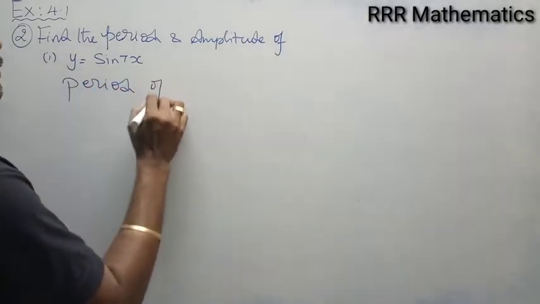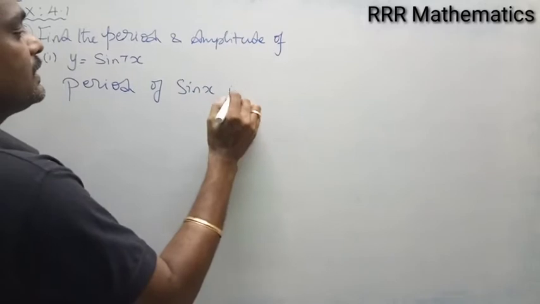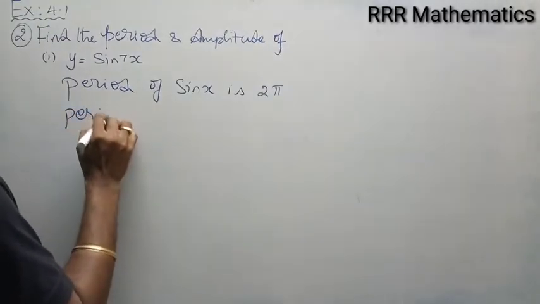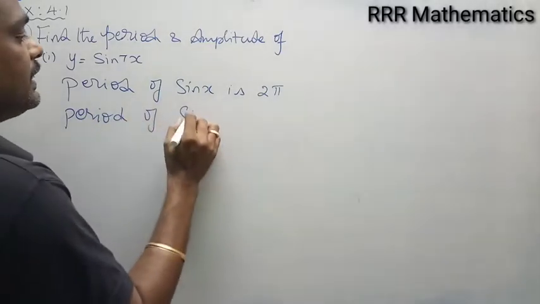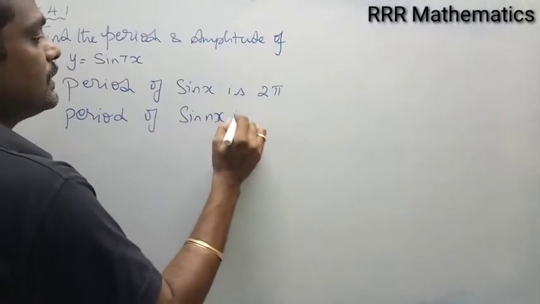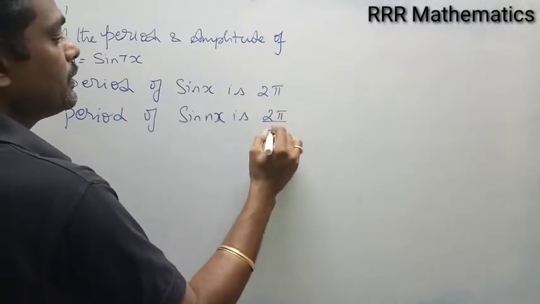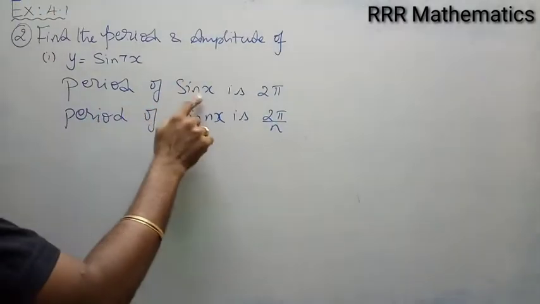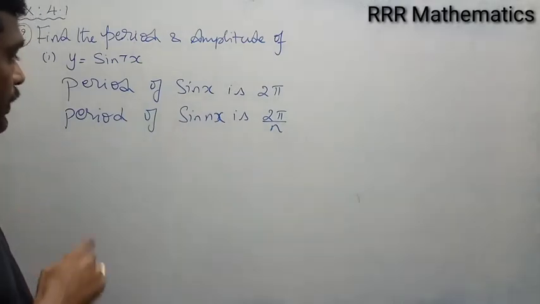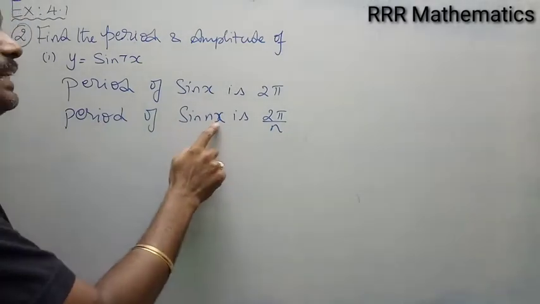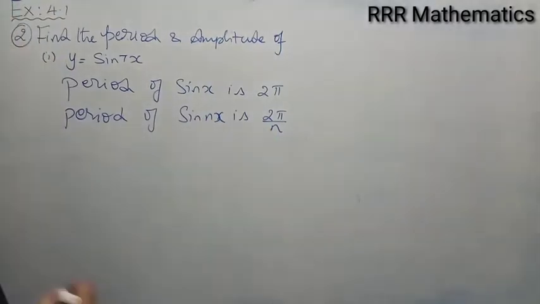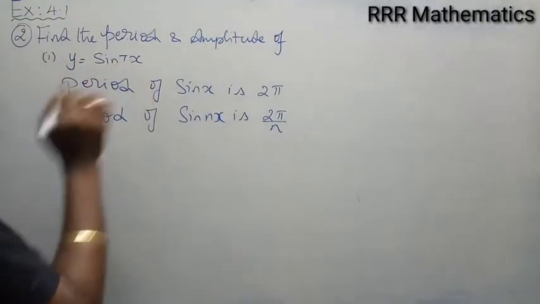Period of sine x is 2 pi. So period of sine nx is 2 pi by n. Okay. So period of sine x is 2 pi. Everybody knows. Period of sine nx is 2 pi by n. You just want to divide by this n value here. So in this case, y equal to sine 7x.